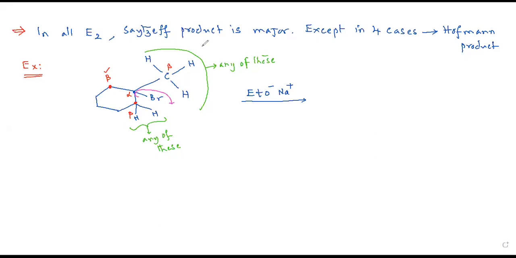Yes, of course, there are 2 possibilities. Either any of these 3, let me take this one, let us consider it as possibility A, or else any of these 2 may come here. This is possibility B. Check this out properly.